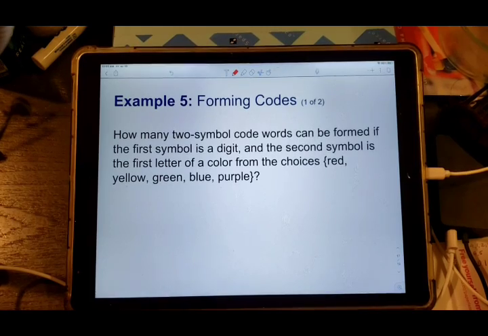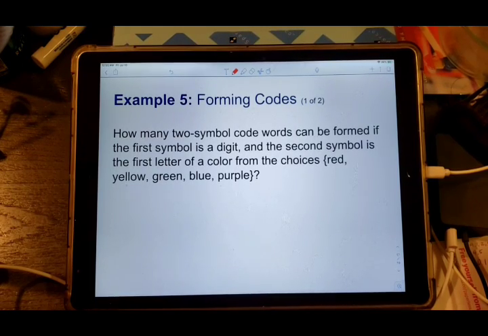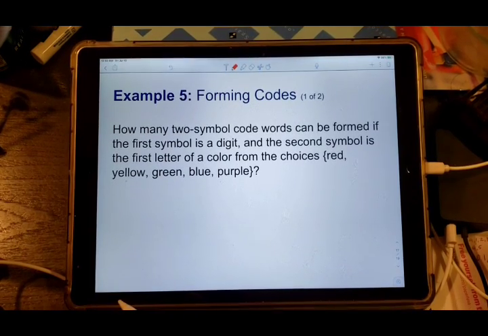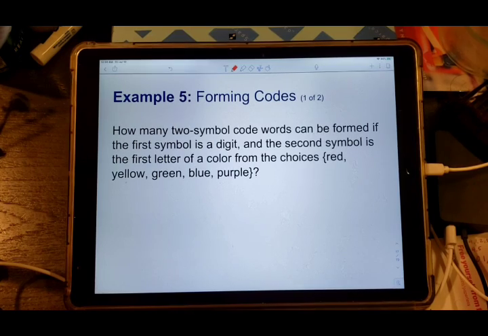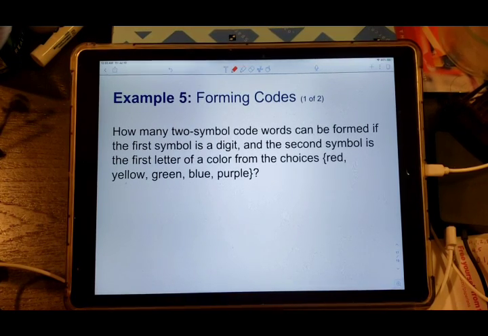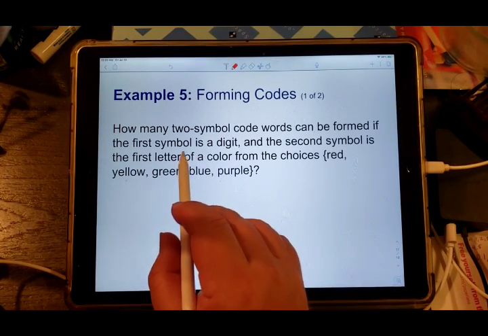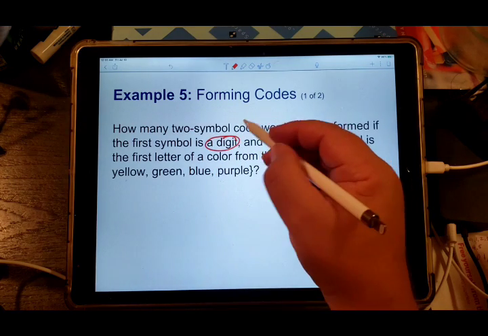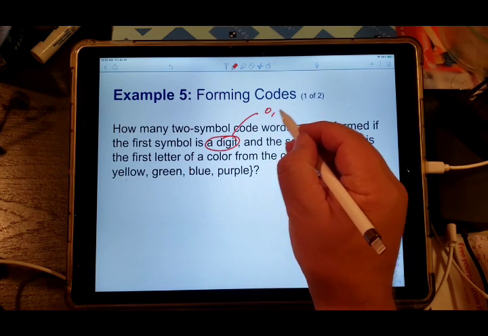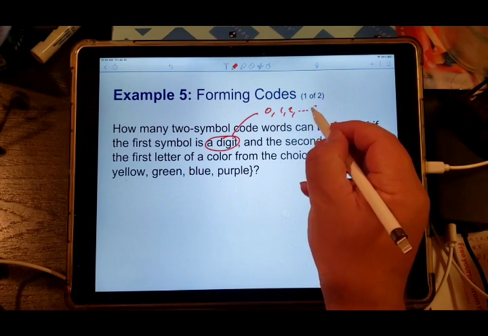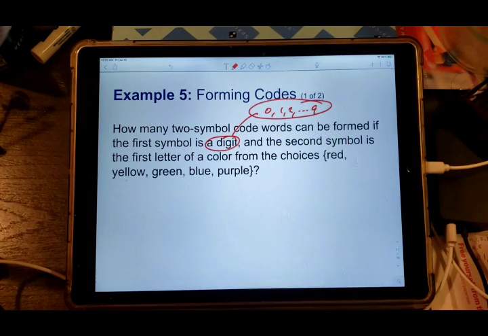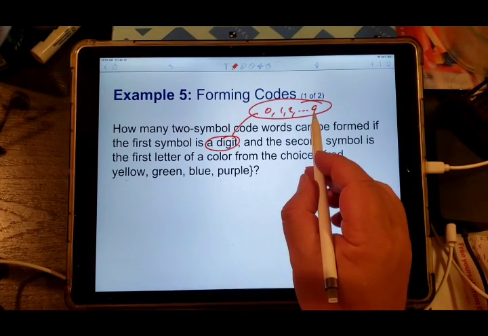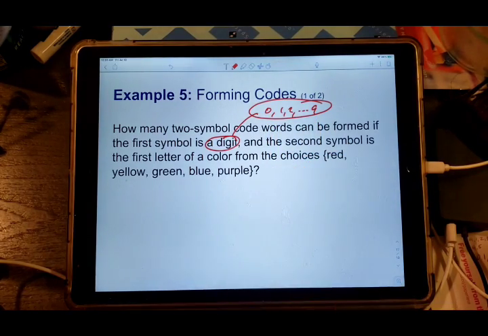How about this one? How many 2-symbol codes, so there's just a very short code or password, can be formed if the first symbol is a digit. So when they say digit, there's 0, 1, 2, up to 9. That's a total of 10 characters. 1 through 9 is 9 characters, but with a 0, it's 10.